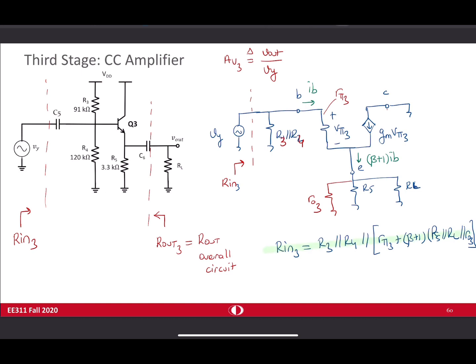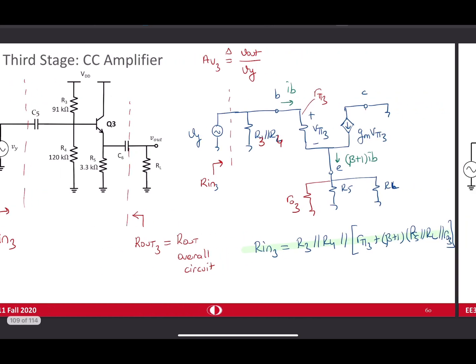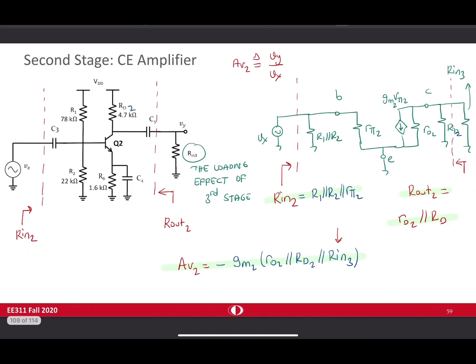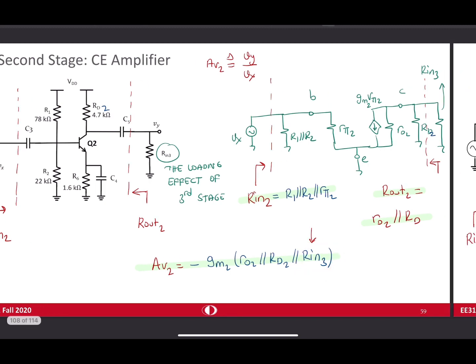So this will be the loading resistor for the second stage. So you're going to use this expression in here to find the second stage gain.